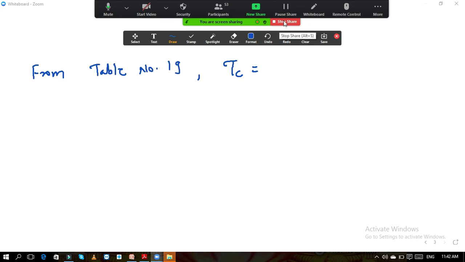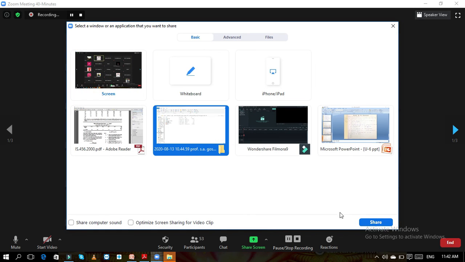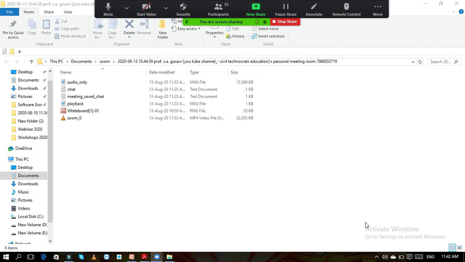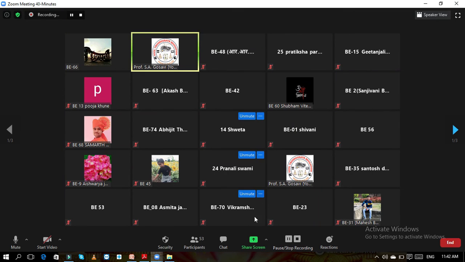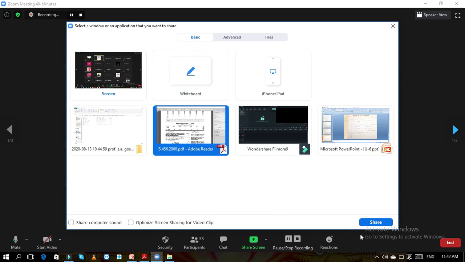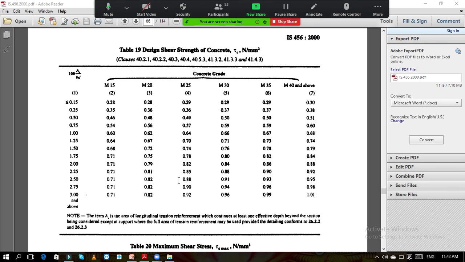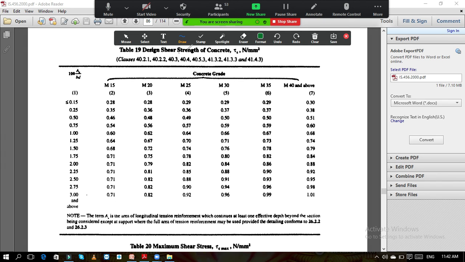So now we will go to the IS code again. Here is the IS code. We want the value from this table, design shear strength of concrete. Here, 100 AST upon BD, our value is 0.56.